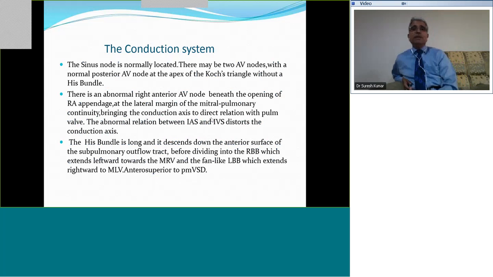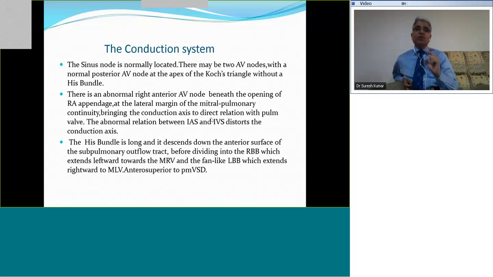We refer to the conduction system being necessarily abnormal in corrected transposition. The sinus node is all right. But once you come to the AV nodes, there may be even two AV nodes. The normal AV node should be located at the apex of the Koch triangle. In corrected transposition, this is either not there or it is there without being connected to a His bundle.